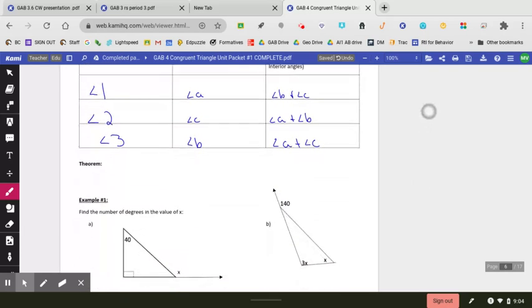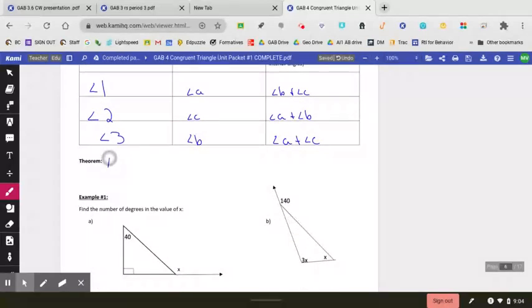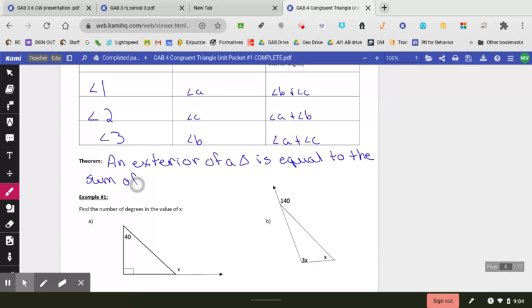So that leads us to our theorem. An exterior angle of a triangle is equal to the sum, meaning I add, of the remote interiors.